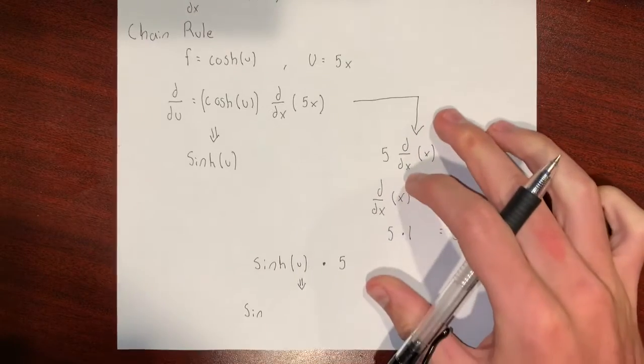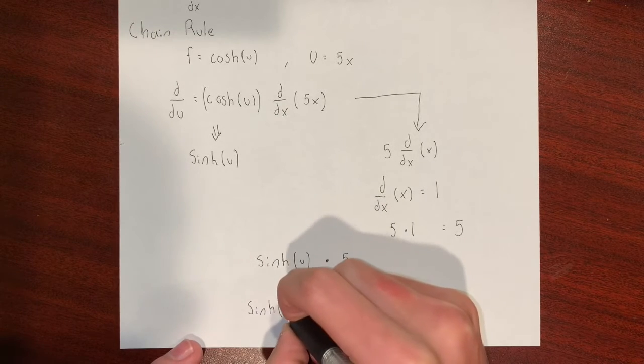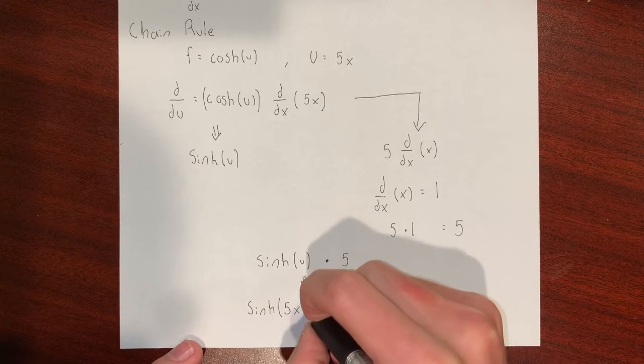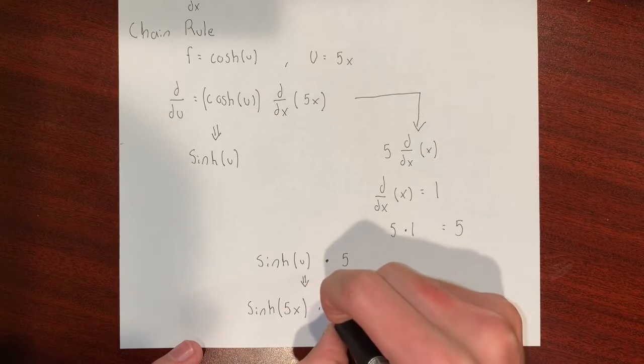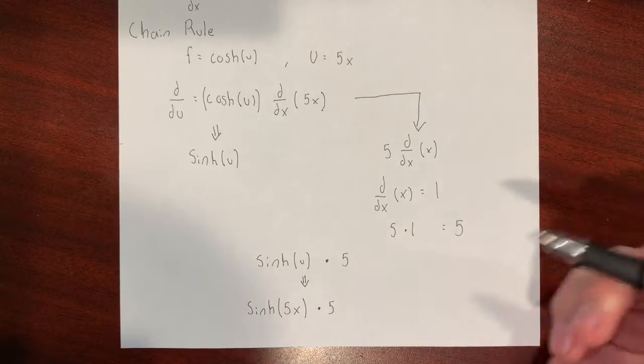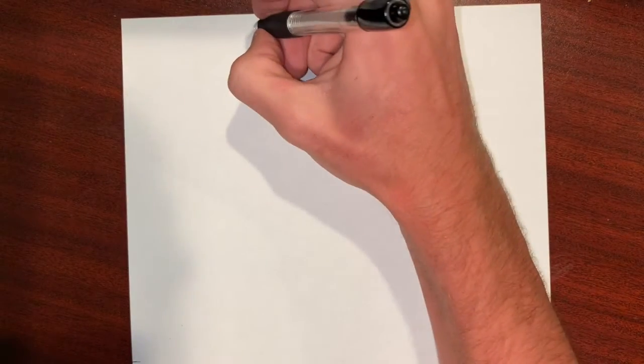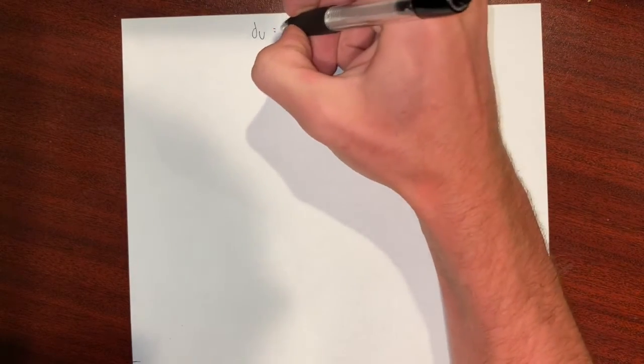So all I did here was bring my u and substitute it back in. Take a new piece of paper. From here, we're going to have our du.